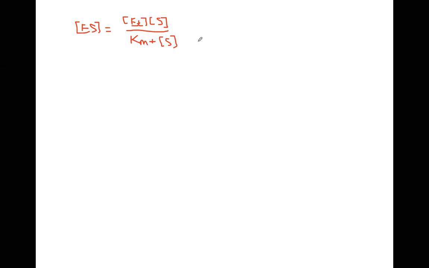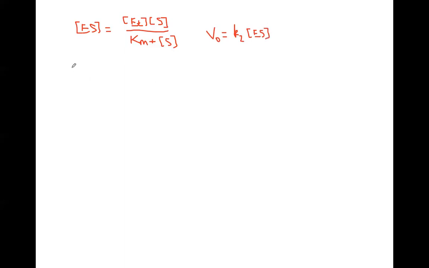Now, again, remember that the initial velocity is what we're looking for. It's going to be, from the previous slide, K2 times enzyme substrate complex.